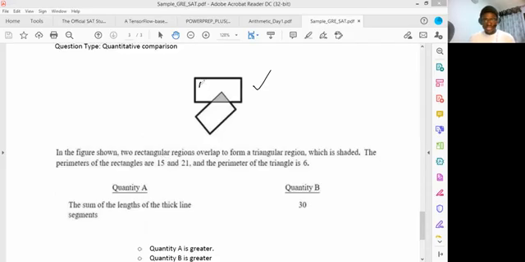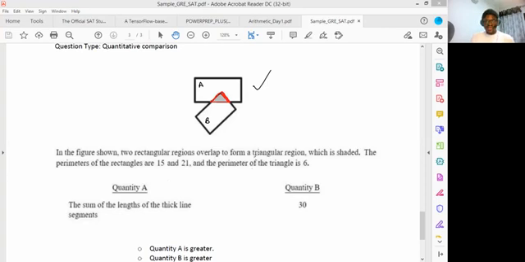This is region A and region B overlapping to form this triangular region. Here is a triangular region formed by the overlap of these two rectangular regions. Then it went on to say the perimeters of the rectangles are 15 and 21, and the perimeter of the triangle is 6. Now we're required to compare the sum of the lengths of the thick line segments and 30.